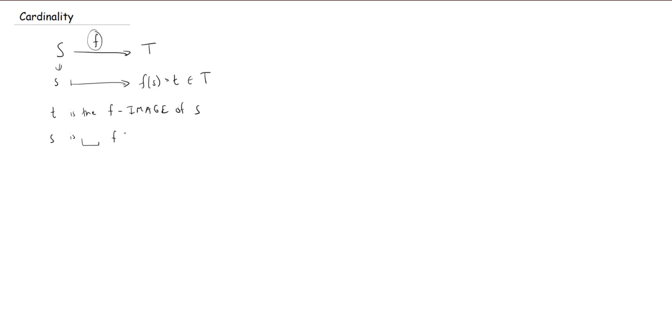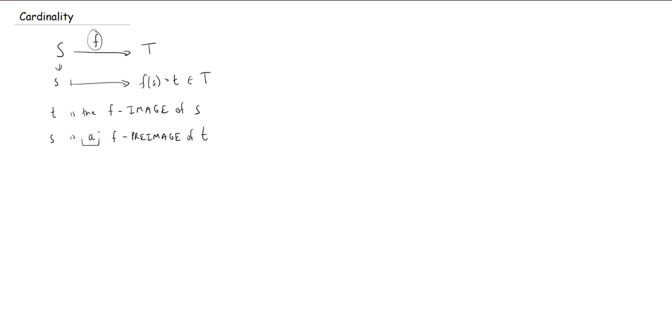We would actually call s a pre-image. Okay, so if we're going backward, we'll call a pre-image or an f pre-image of t. The difference here, why I have this little emptiness, is there may be more than one pre-image of a given element t. And so here I actually have to use the word a, right?